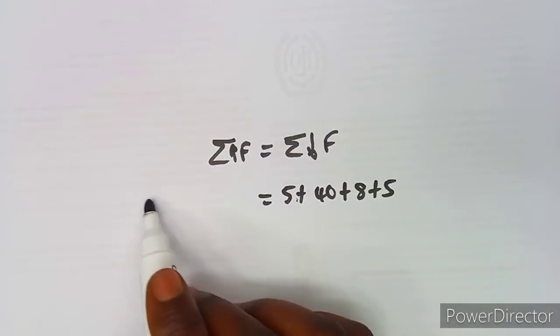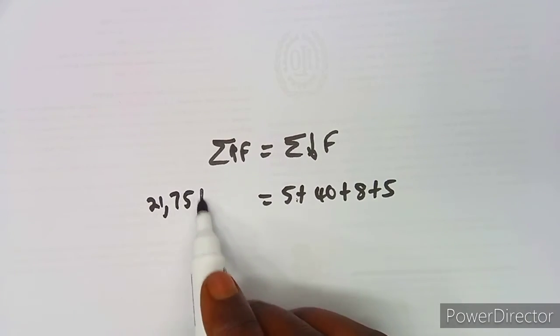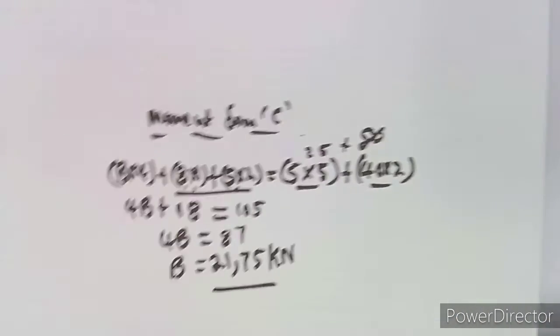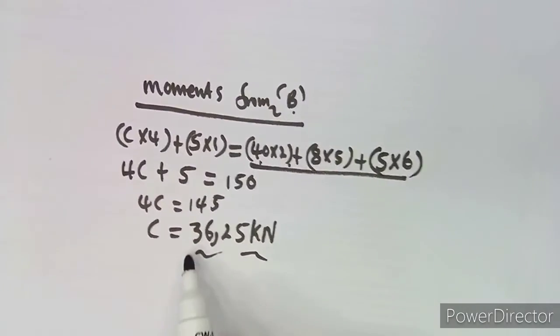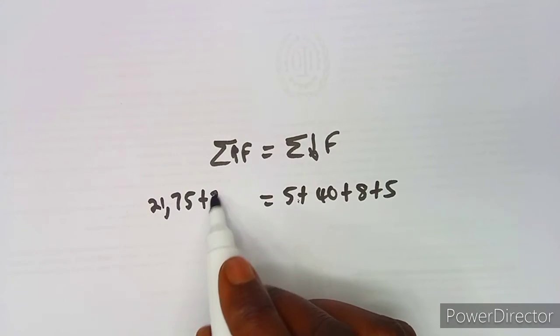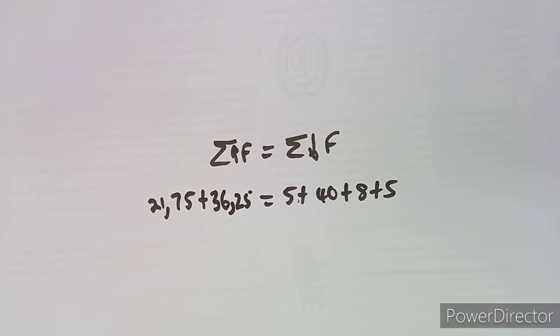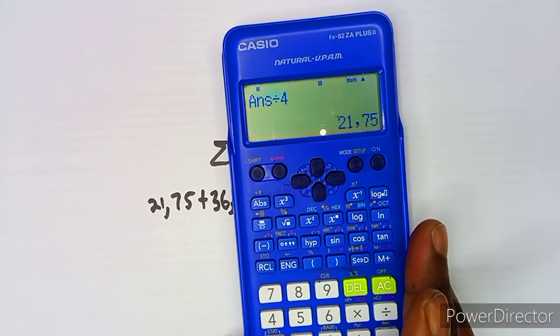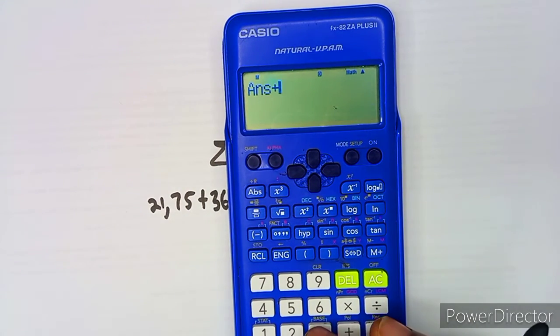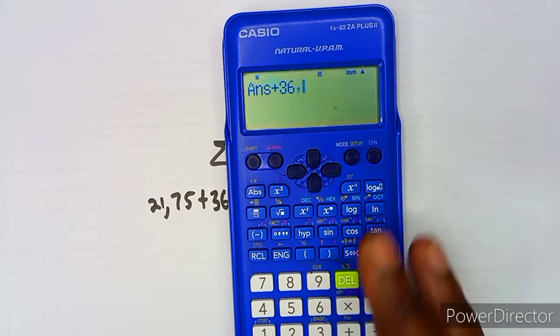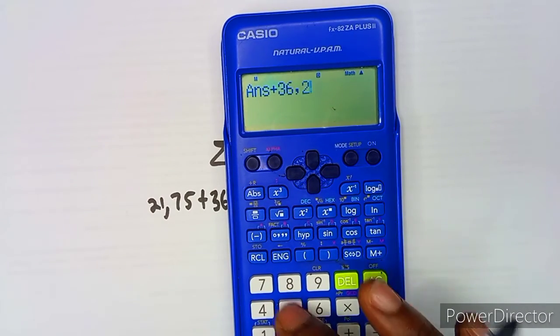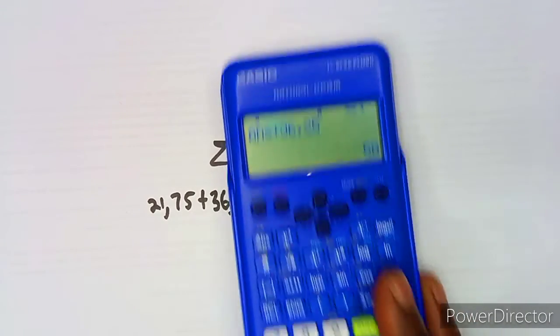So our B is 21.75 plus C, because these are the upward forces, okay? So this is your C, which is 36.25. So let's add and see if we are obtaining this, guys. Already we have 21.75 here, so we're just going to add 36.25, which is 58, okay?